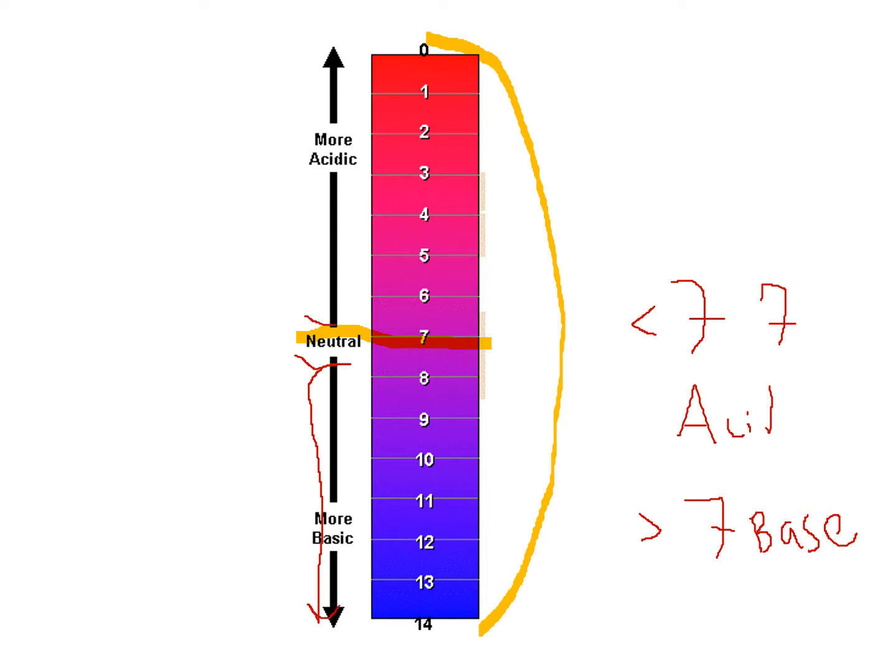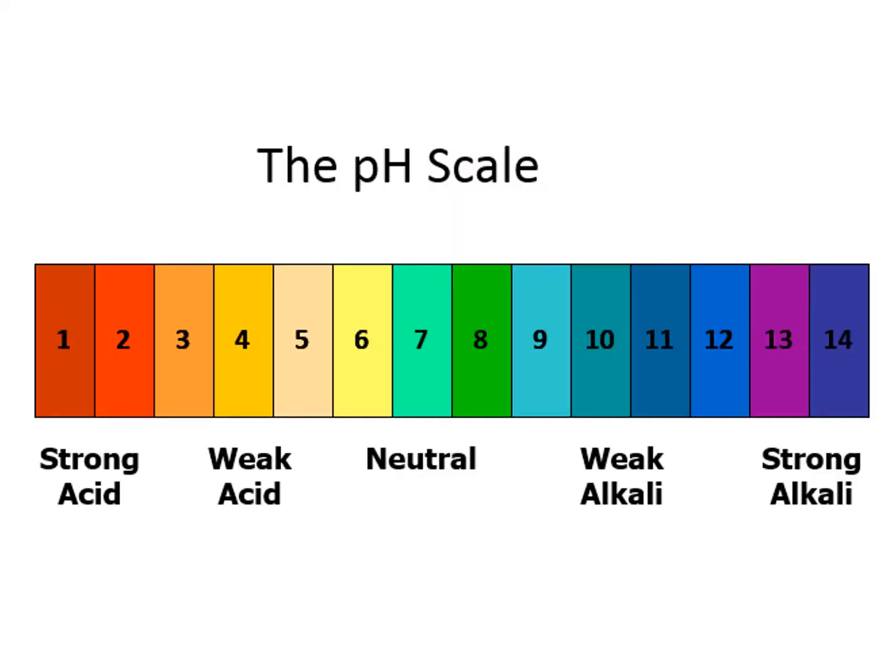This right here would be like a weak acid, and the acid gets more concentrated and stronger as you go towards 0. All right, so again, pH range. You have the strong acid, low numbers, weak acid, you get to the 4s to 5s. Neutral is right at 7. And then you start getting a weak alkaline or weak base, you can say, and strong alkaline or strong base, 13 and 14.